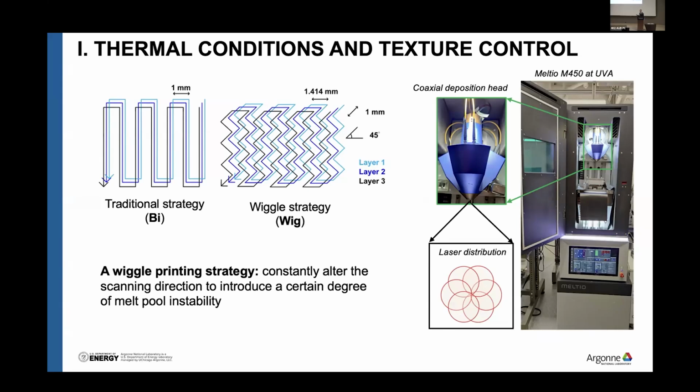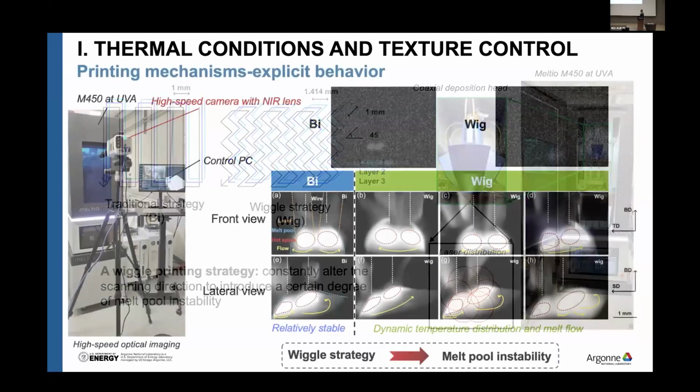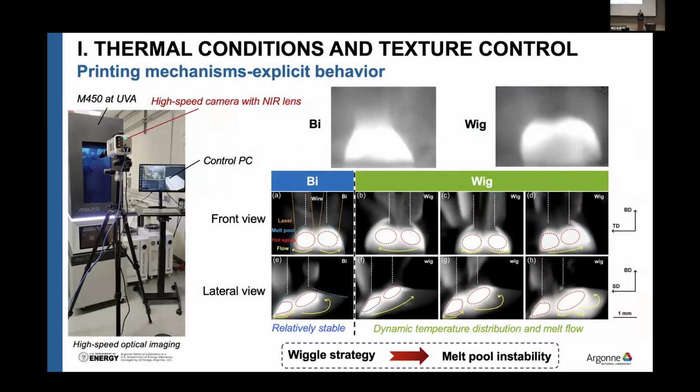For this, we designed a very special printing strategy. Instead of the normal printing process, we constantly alter the printing direction by 90 degrees. It causes a wobbling of the melt pool, and it is expected to induce a certain degree of melt pool instabilities. Then we conducted high-speed optical imaging to study the printing process under these two different strategies.